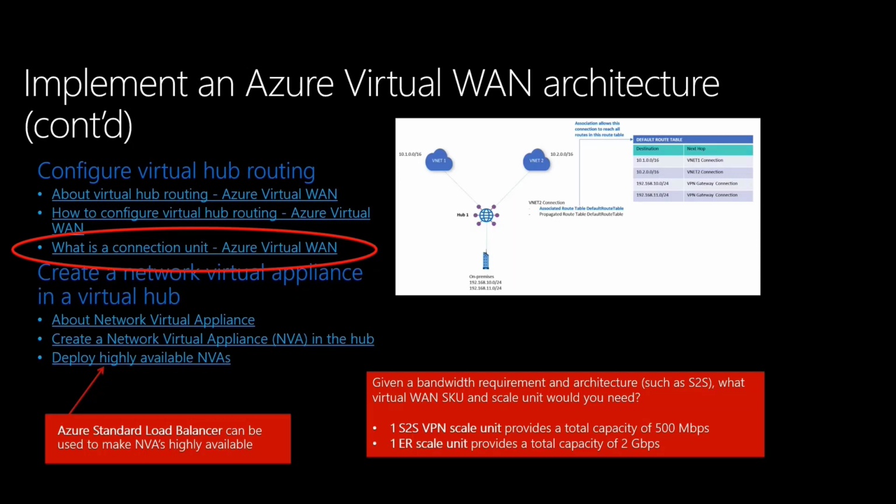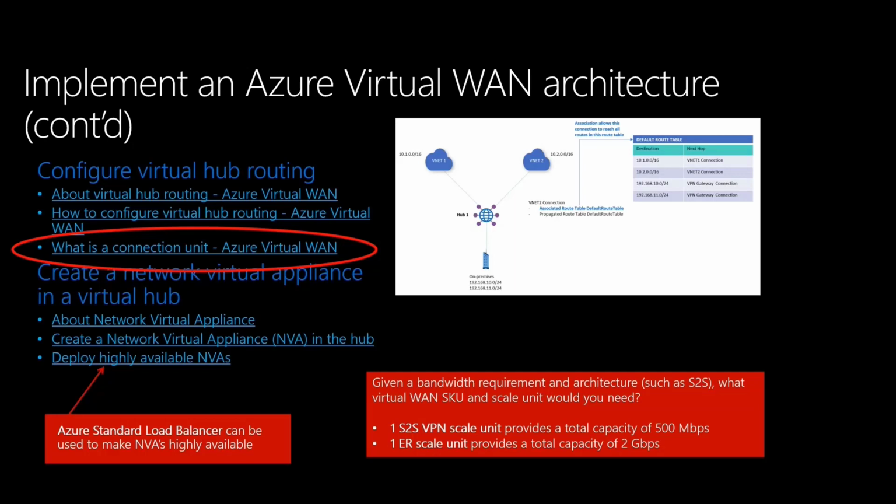A connection unit applies to any on-premises non-Microsoft endpoint that is connecting to an Azure gateway. So that means different things in different scenarios. If you're talking about a site-to-site VPN, this means how many branches are involved.